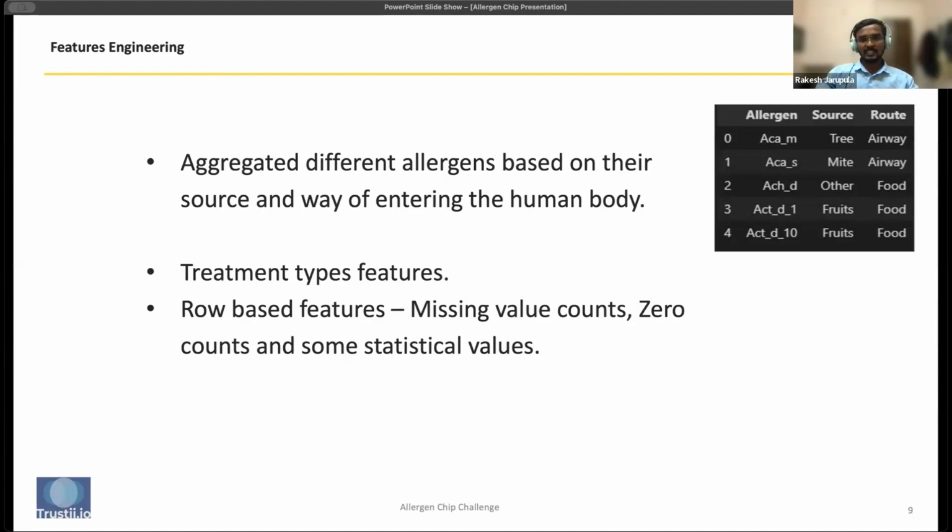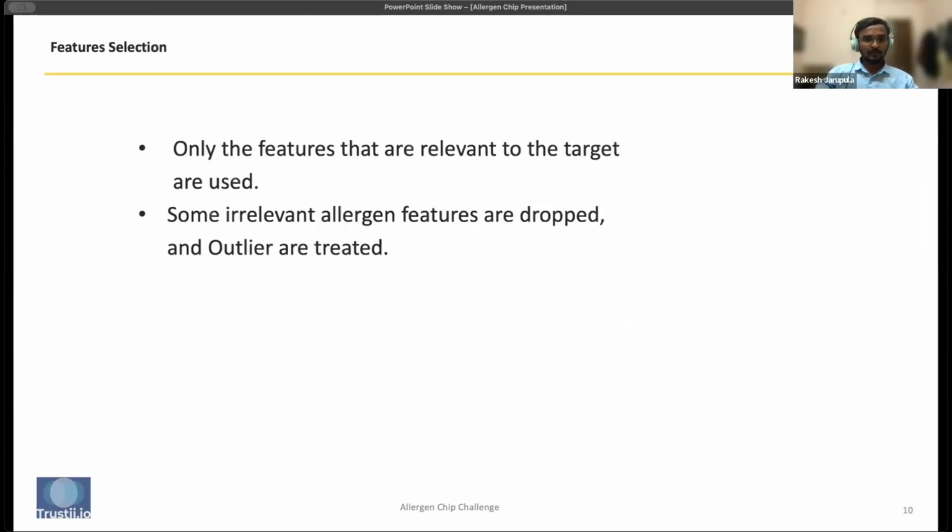There are also features that I created using treatment type, whether the patient has gone through a certain type of treatment and how many treatments he or she has taken. And there are some rule-based features like missing value counts, zero counts, and basic statistical values like the mean, median, and sum of the rows. These were a few features that I created.